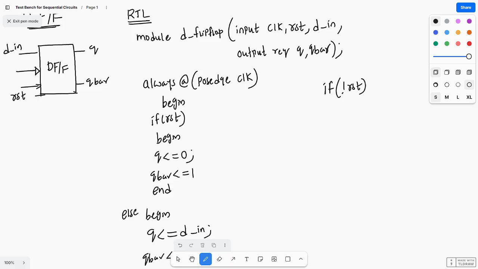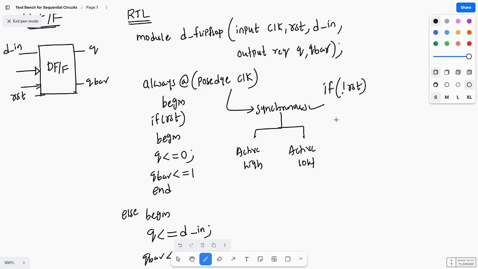Resets are of two types. This is a synchronous reset, and again there are two types: active high and active low. Synchronous reset means when it goes from reset mode to functional mode, that is synchronous with the clock, and again when it goes from functional mode to reset mode, that also depends on the clock.